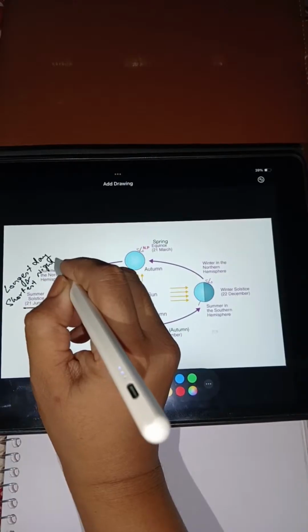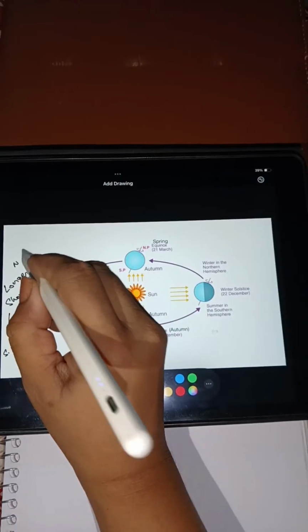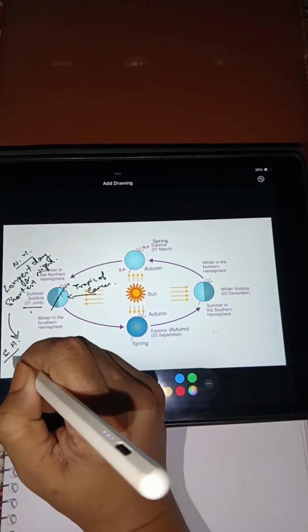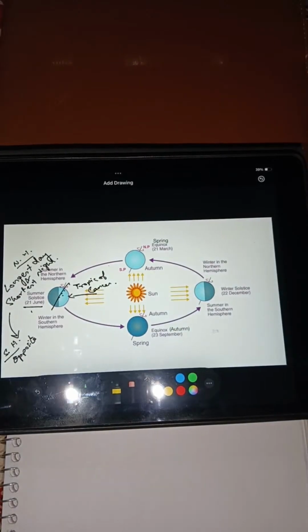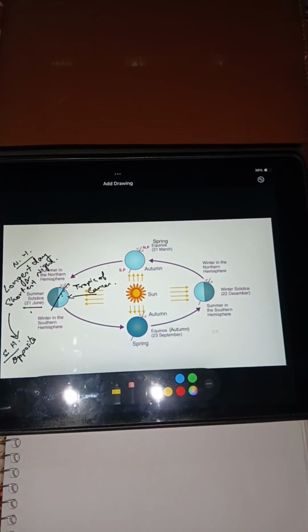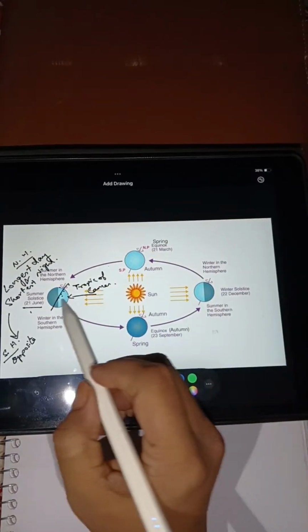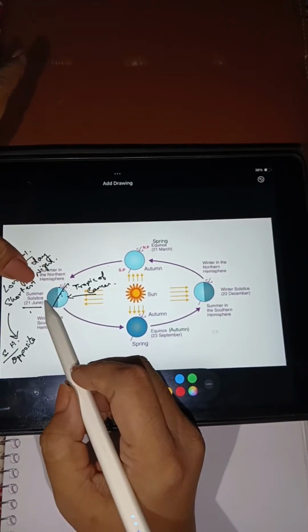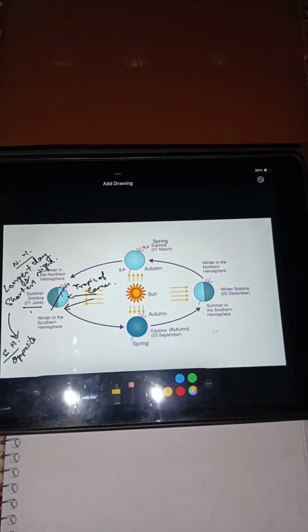This reverses, it is just the opposite in the southern hemisphere. In the northern hemisphere we have this, but in the southern hemisphere we have just the opposite, so it is winter over there. Why is there a reverse? As it is tilted, the Tropic of Cancer is directly overhead to the sun rays, but the southern hemisphere is away and receiving slanting rays.